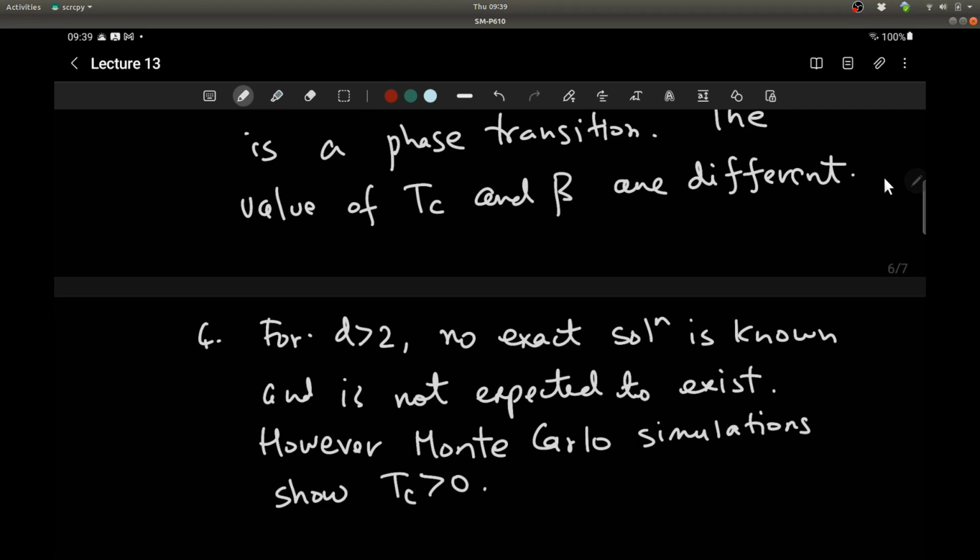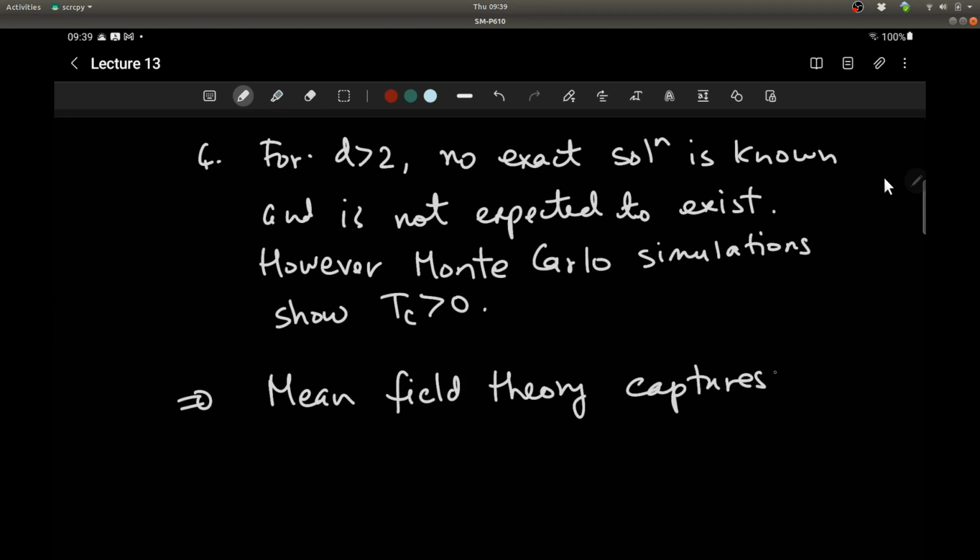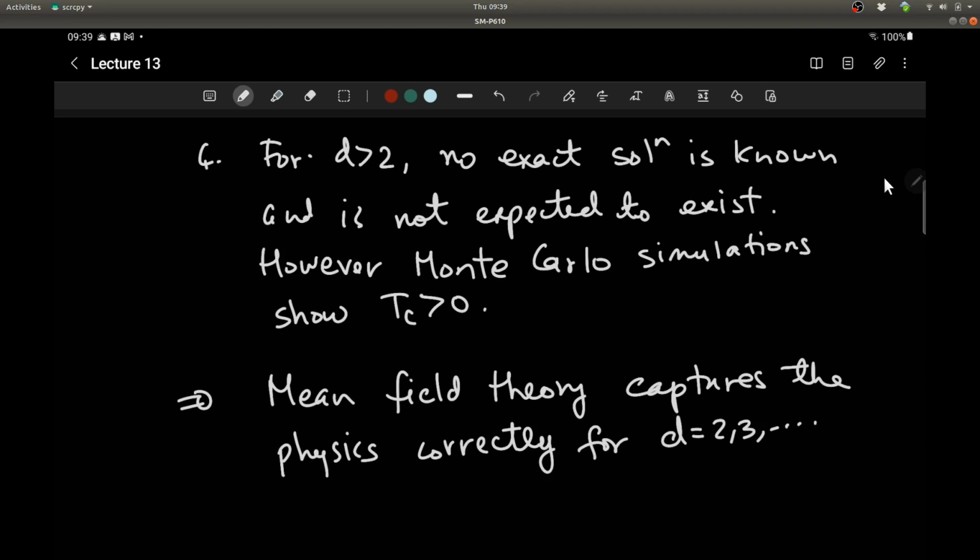There are other reasons also. So this implies mean field theory captures the physics correctly for d equal to 2, 3 onwards, but not for d equal to 1.